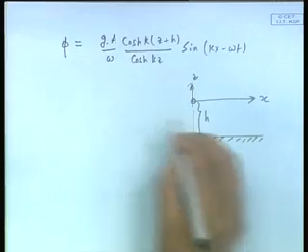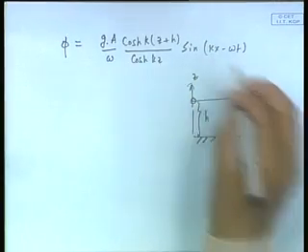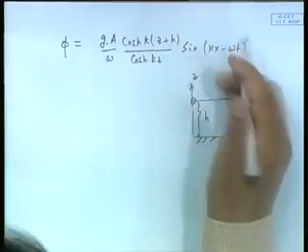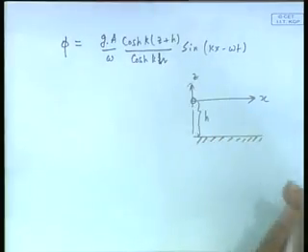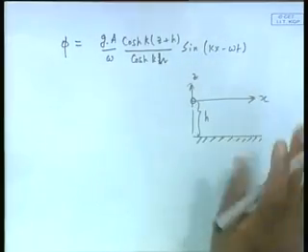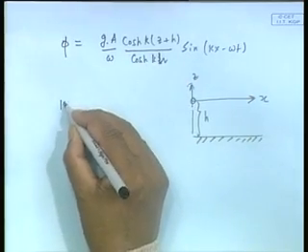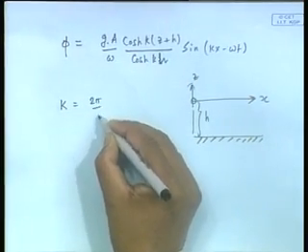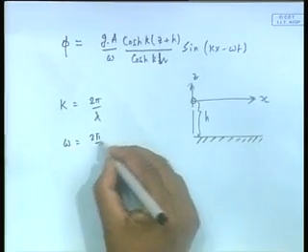A is the amplitude of the wave, cosh kh. In this case k is known as the wave number given by 2 pi by lambda, and omega is known as the wave frequency, 2 pi by T.